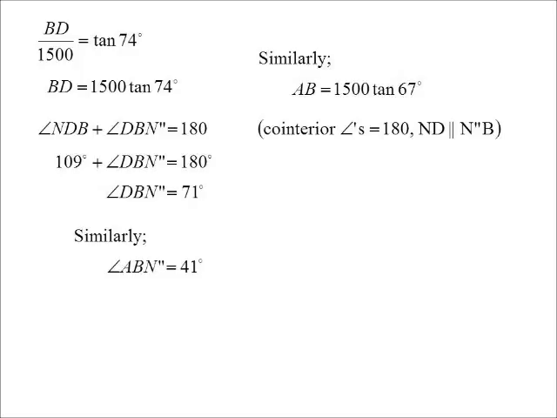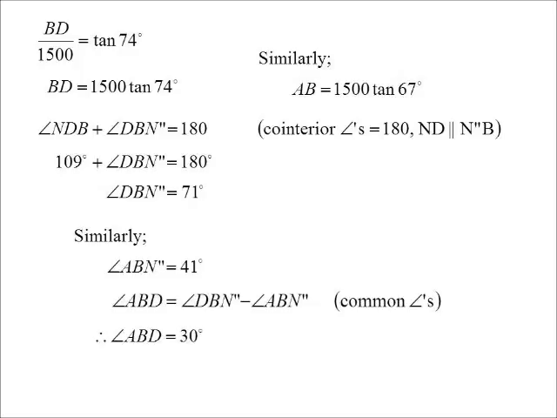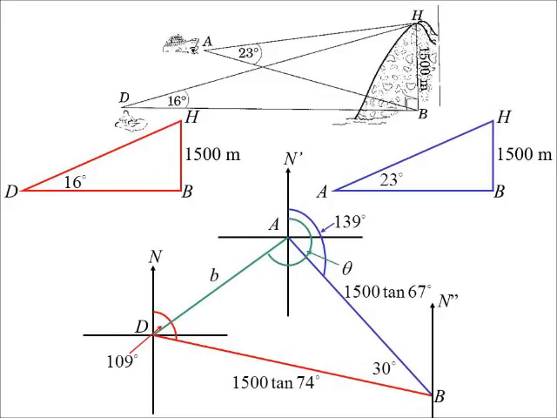Now, ABD is DBN minus ABN, basically it's the same angle, I'm just expressing it in a different way. So ABD is 30. So subbing that in, that's really the angle I want, that 30 degrees there, because now I've got a classic cosine rule question where I can find little b.